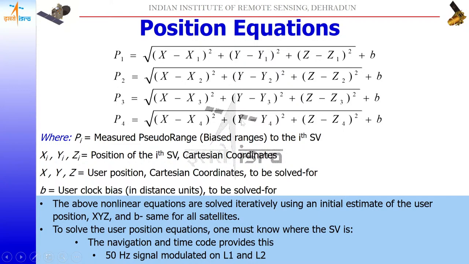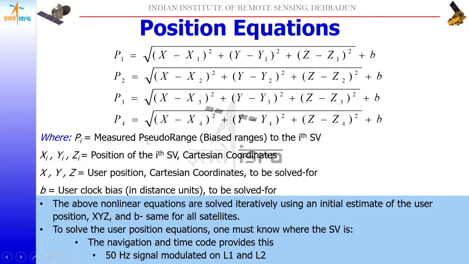This x, y and z is your user position, which is unknown, but x1, x2, x3, x4, like y, like z plus b, these are known, and b is also unknown. This is a constant factor, so that's why you have 4 unknowns, and you need at least 4 equations to get these 4 unknowns estimated.